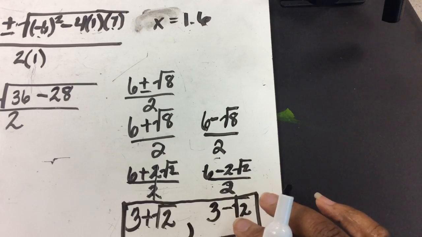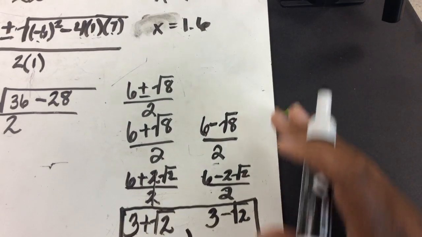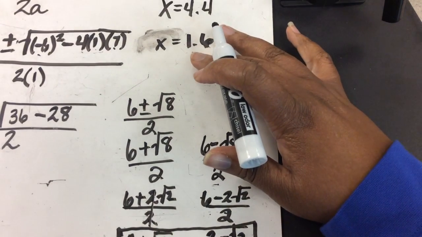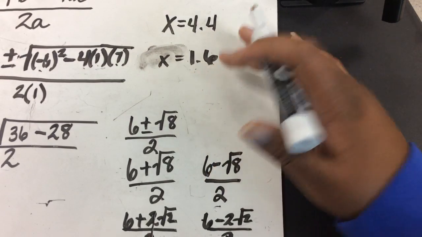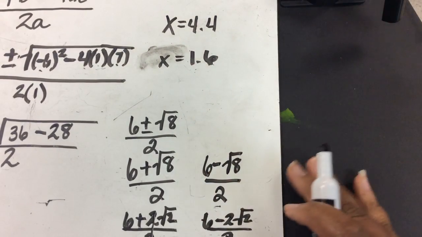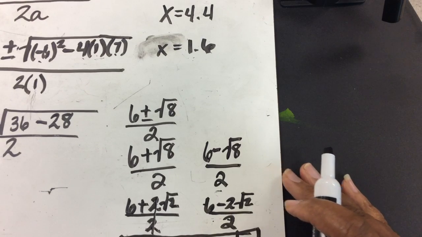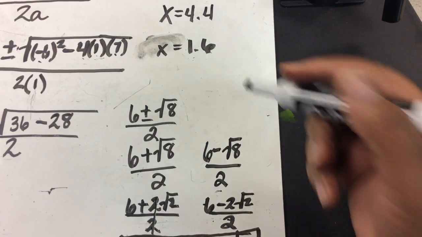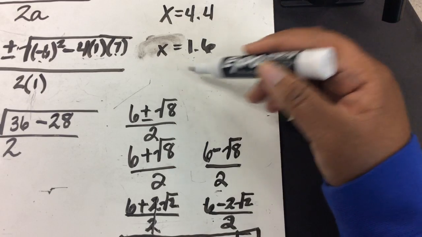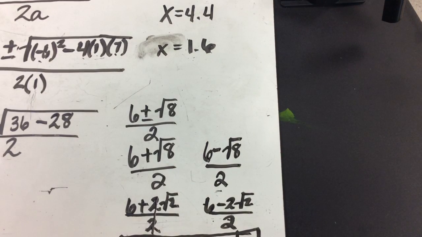And then 3 minus 1 gives you about 2, so 1.6 is close to 2. So those are our answers. Either one will work. If you prefer to use the calculator, it's fine. You can stop there.